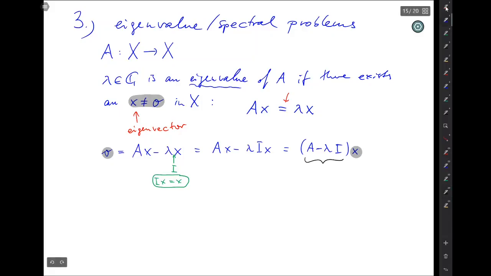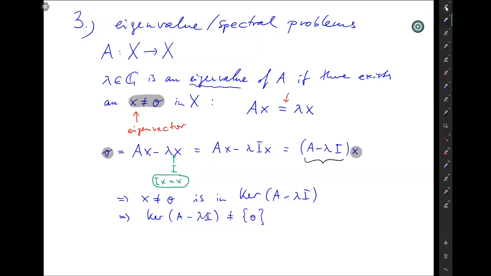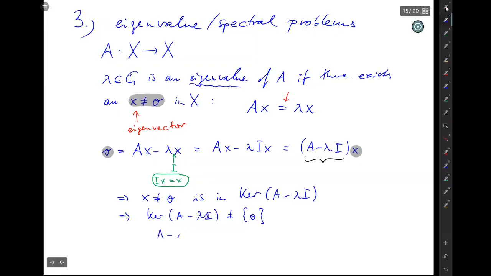So your eigenvector x is in the kernel of A minus lambda I. So the kernel of A minus lambda I is not just consisting of the 0 vector, or in other words, A minus lambda I is not injective.